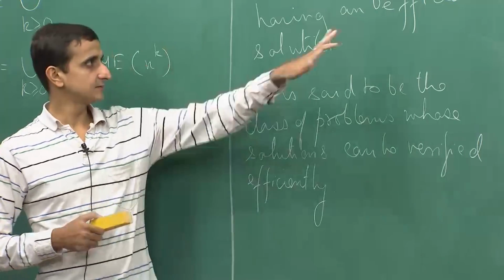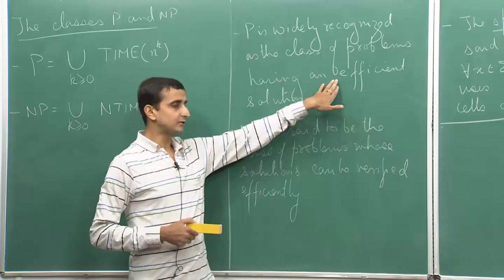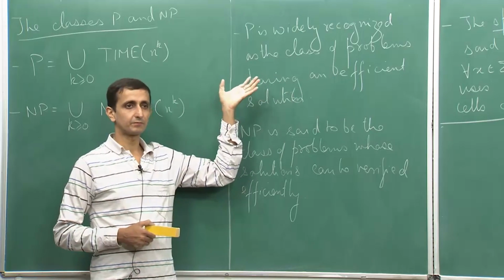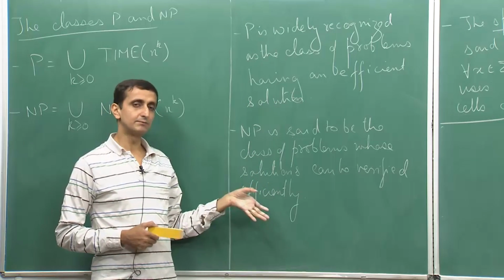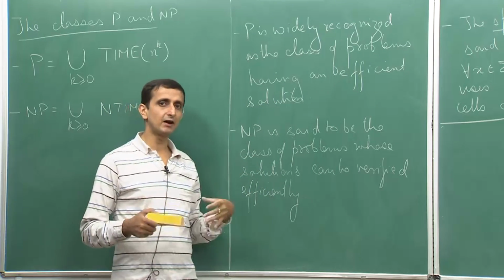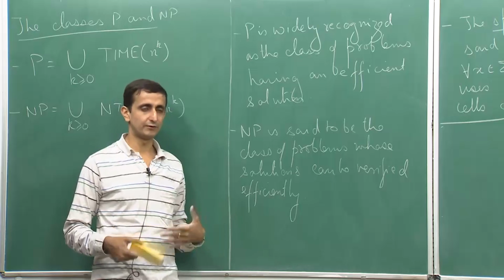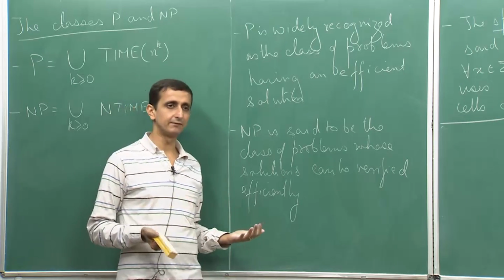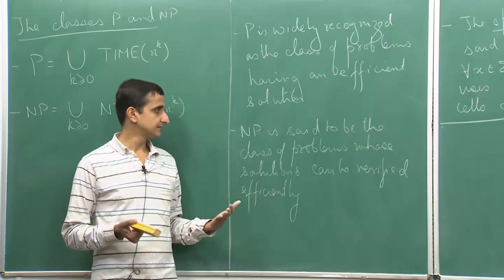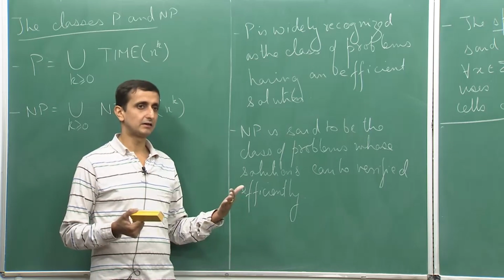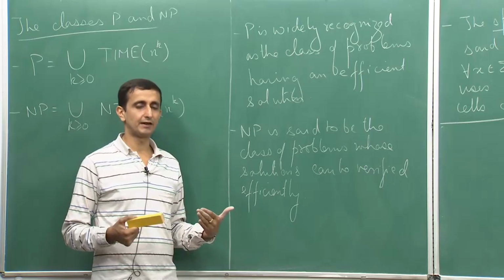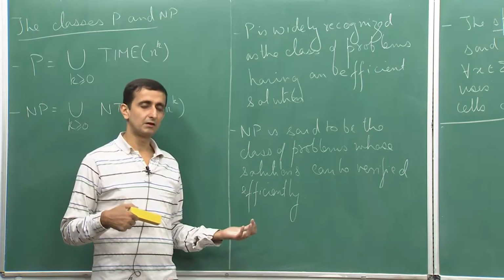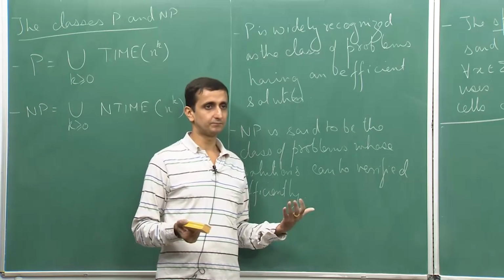So, these are the problems for which we say that there is an efficient solution. So, these are the problems which are in P. There are some other problems for which it might be difficult to come up with a solution. Okay. So, whatever knowledge that we have, it does not seem likely that a solution can be computed efficiently, but if somebody gives us a solution, we can verify it efficiently.